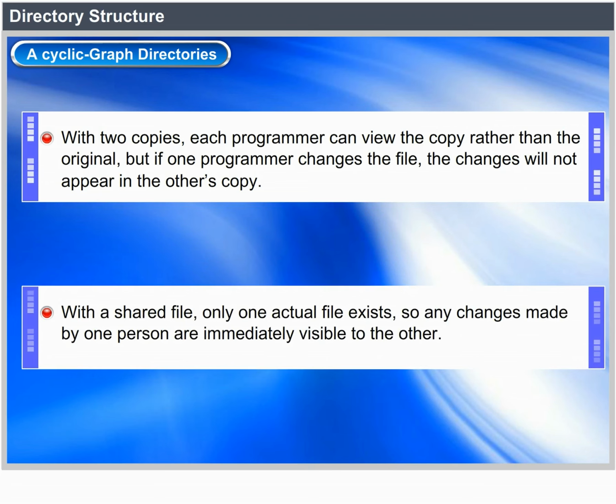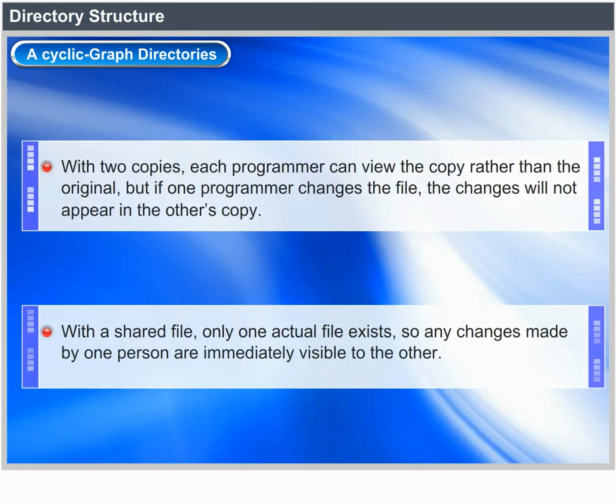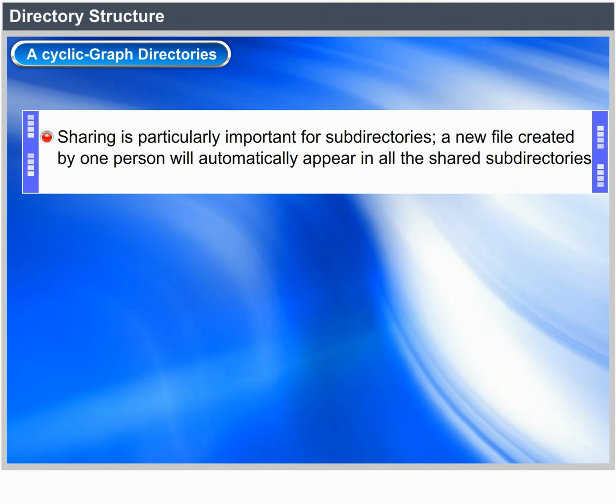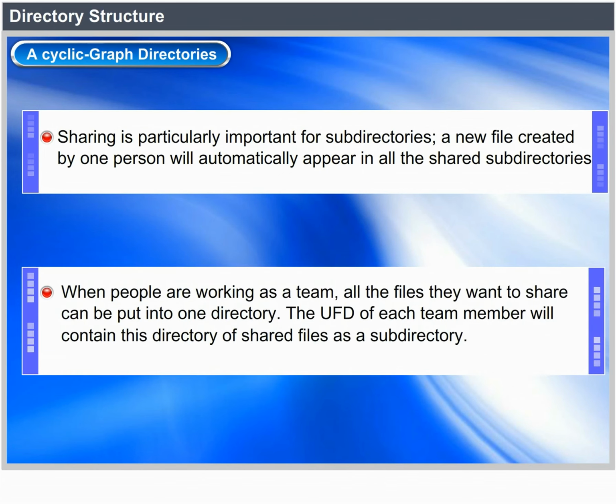Sharing is particularly important for subdirectories. A new file created by one person will automatically appear in all the shared subdirectories. When people are working as a team, all the files they want to share can be put into one directory. The UFD of each team member will contain this directory of shared files as a subdirectory.